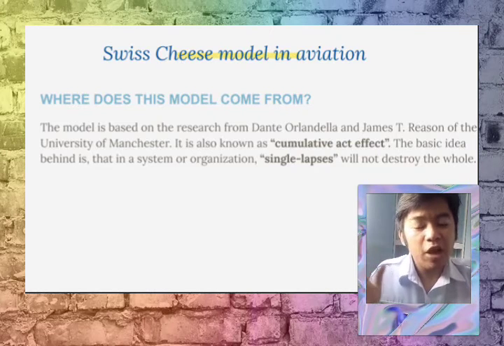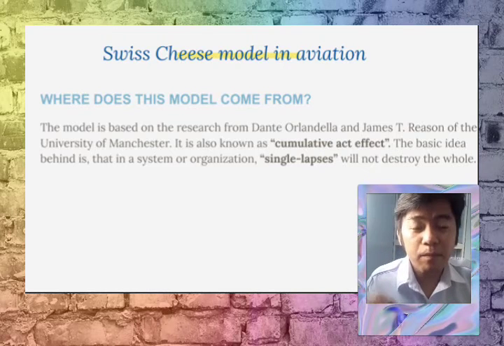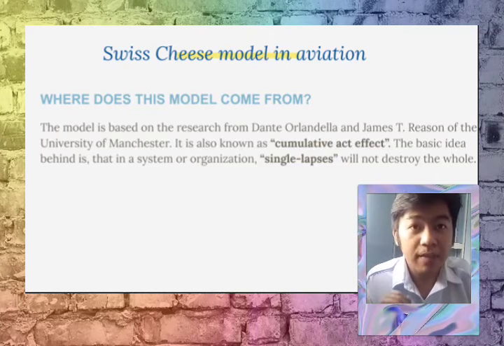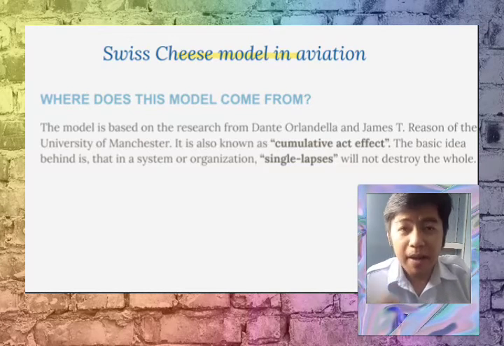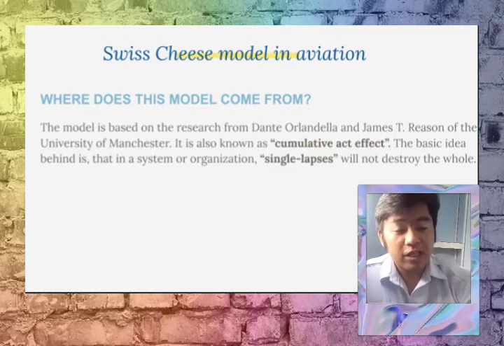So simula dun sa, for example, maliit na butas sa Swiss cheese, sa kokonting holes na meron yung slice na yon, sa bawat paulit-ulit na pagkakamali, nagkakaroon ng additional na holes dun sa Swiss cheese model.